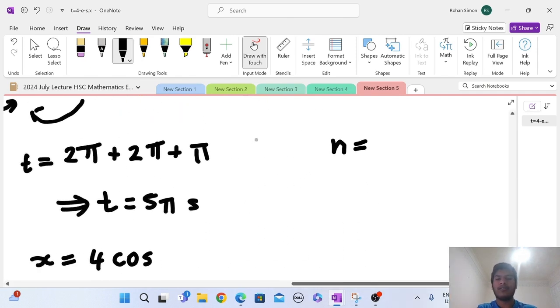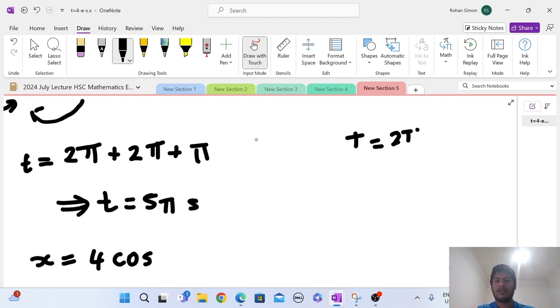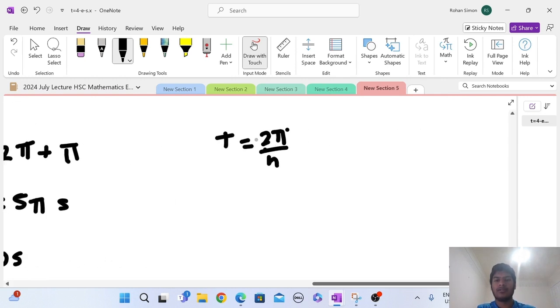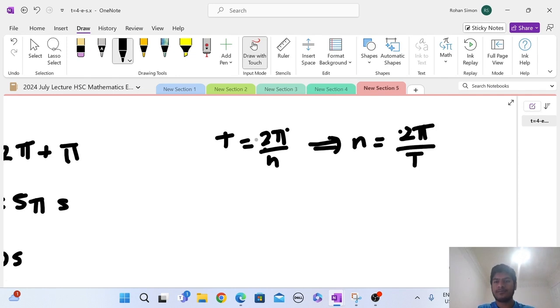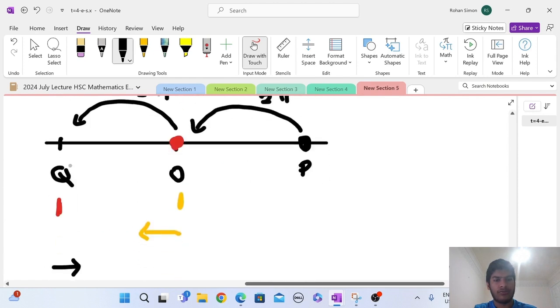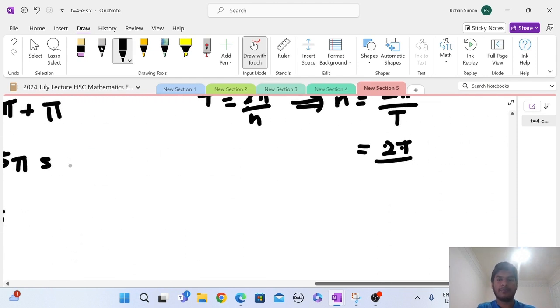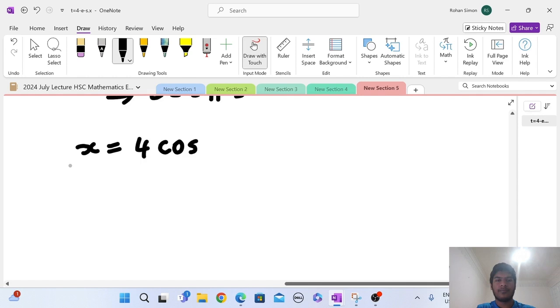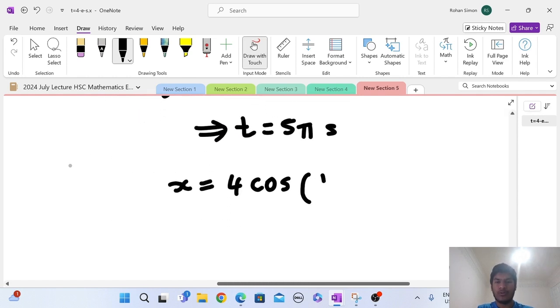But we know that the period, T equals 2 pi on n, and so n is going to be 2 pi over the period, and so we end up with 2 pi divided by our period of 8 pi. So we get 1/4. And so we can say that x equals 4 cos 1/4 t. That's our n. So nt.